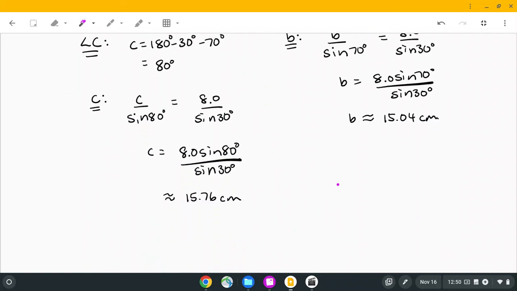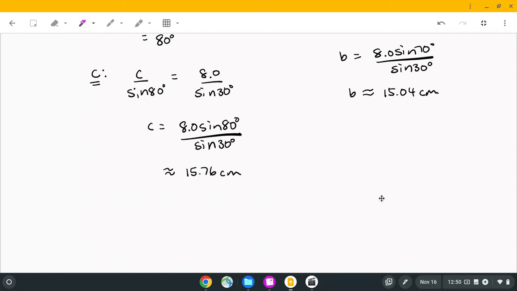Okay. All right. Let's do the second case. Angle, side, angle.